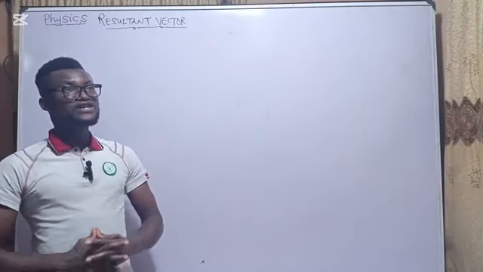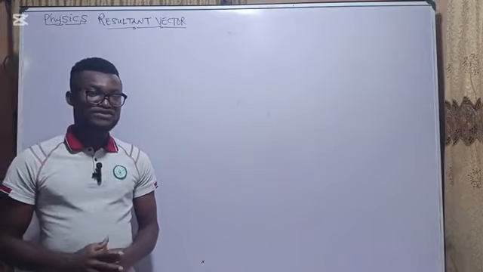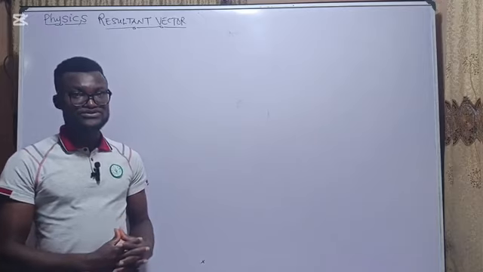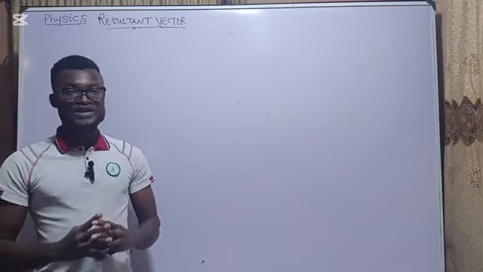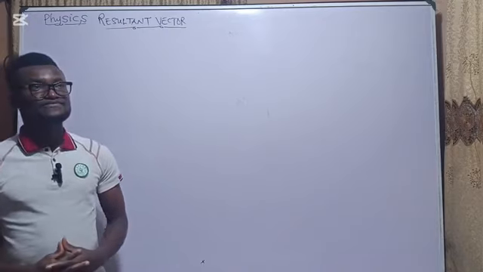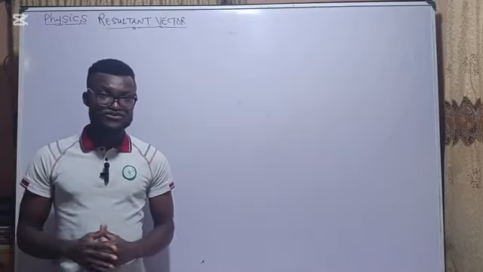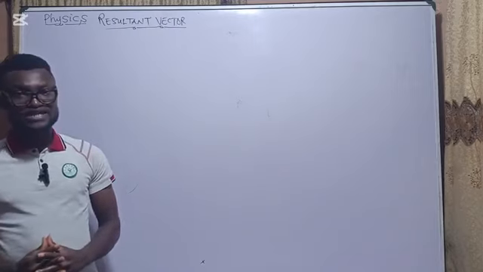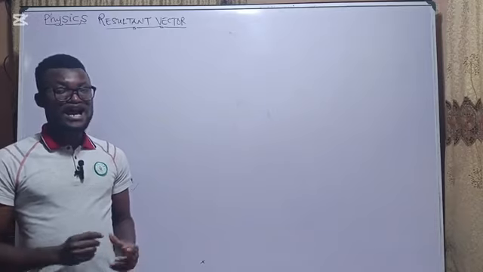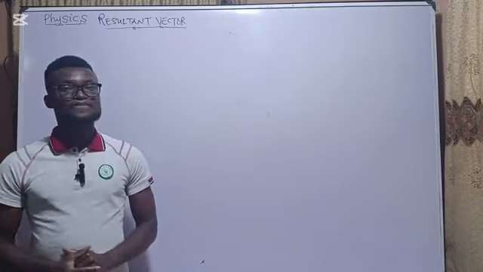So, a resultant vector can be defined as a single vector that has the same magnitude and direction as two or more vectors acting together. I repeat, a resultant vector is a single vector that has the same magnitude and direction as two or more vectors acting together.